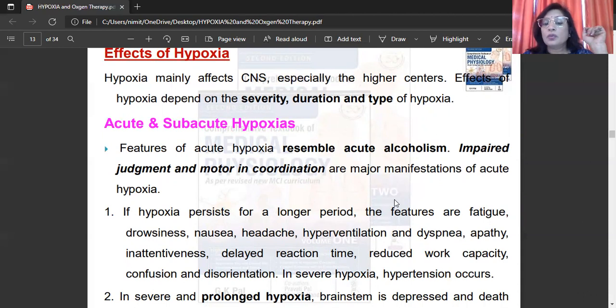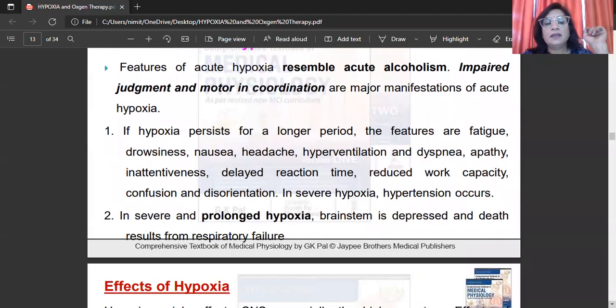And additional to it, in the case of severe hypoxia, hypertension occurs. In severe and prolonged hypoxia, the brainstem is depressed and death results from respiratory failure.